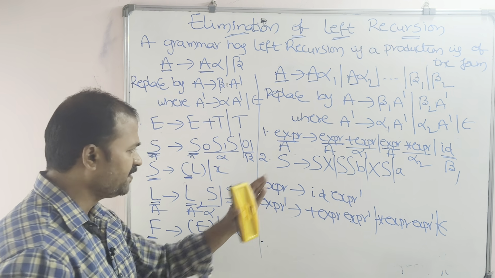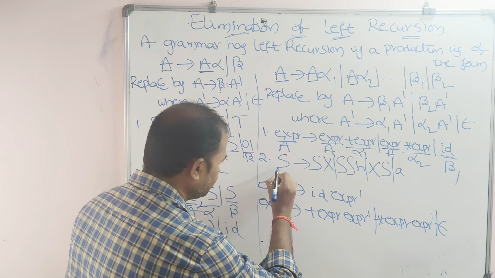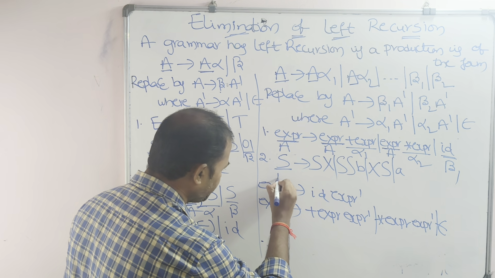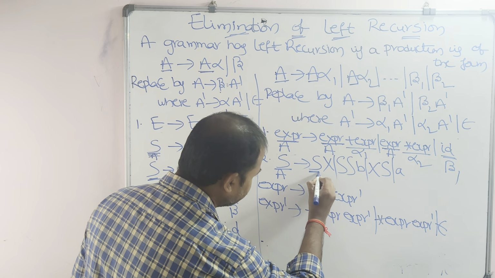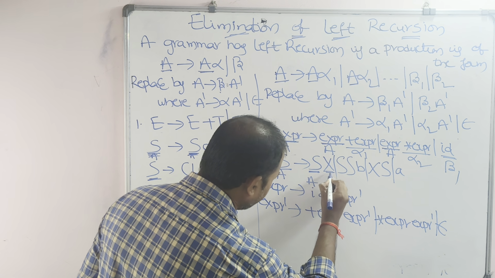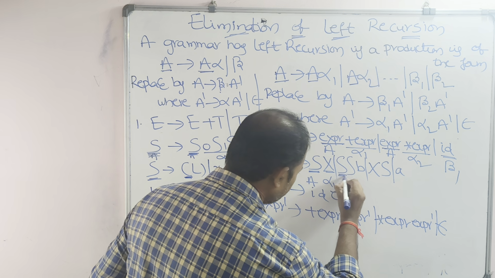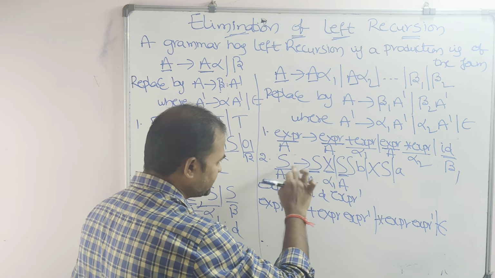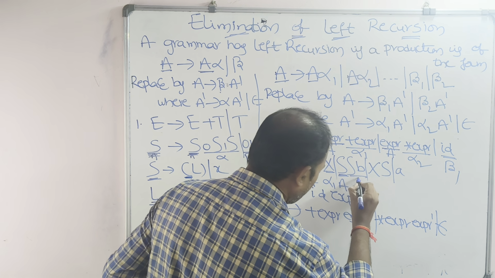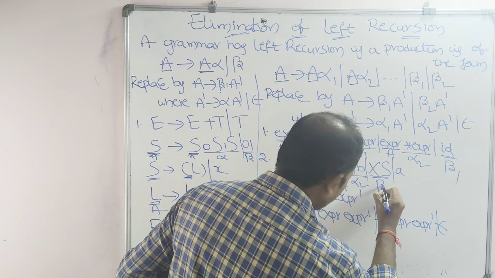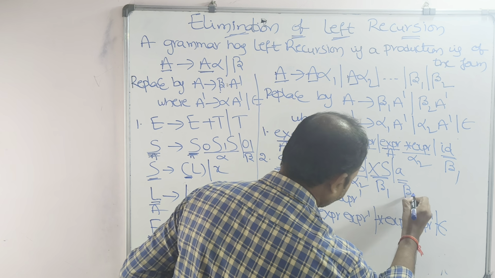Now let us remove left recursion for this production. If you observe here, this is in the form A produces Aα1 | Aα2 | β1 | β2. This part is alpha 1, this is alpha 2, this is beta 1, and this is beta 2.